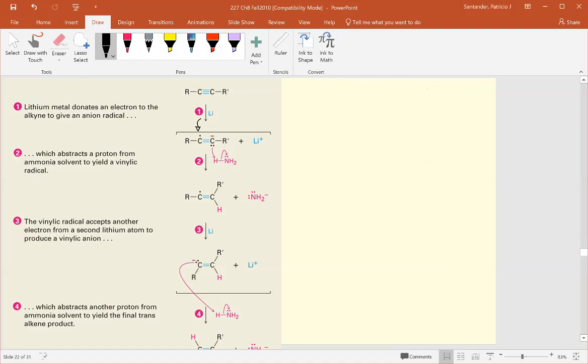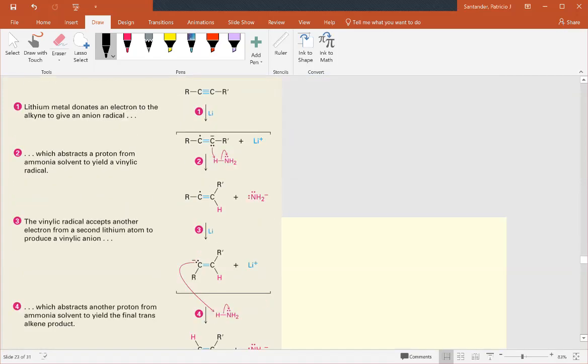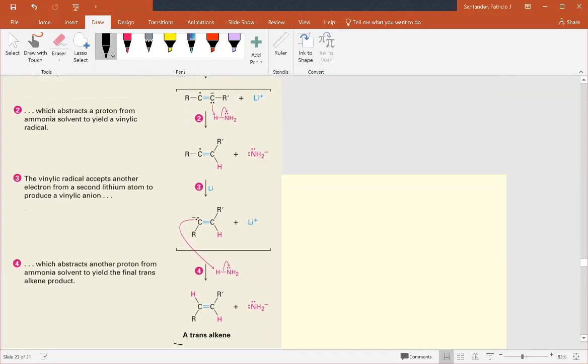And then ammonia is providing one proton, right? And then you go through a second round where another lithium will give you one additional electron to become lithium plus. And then the new anion that you have just formed will react again with another molecule of ammonia. In that way, you get the final product that is the trans alkene.